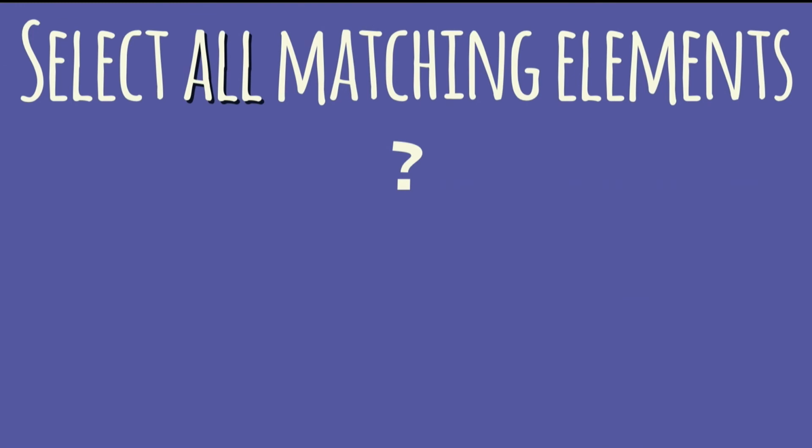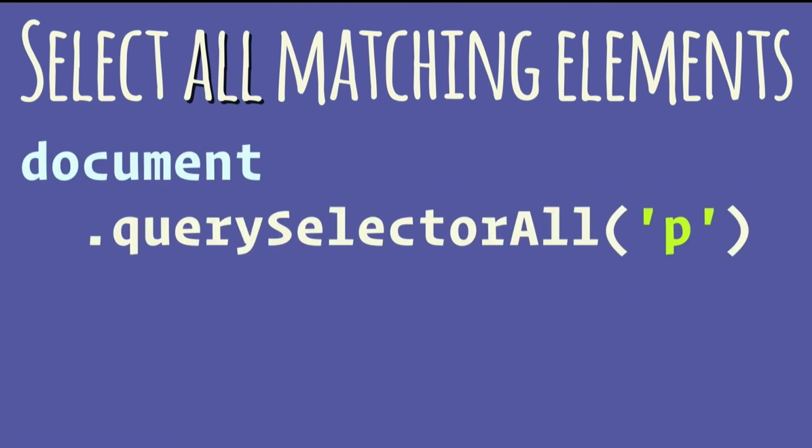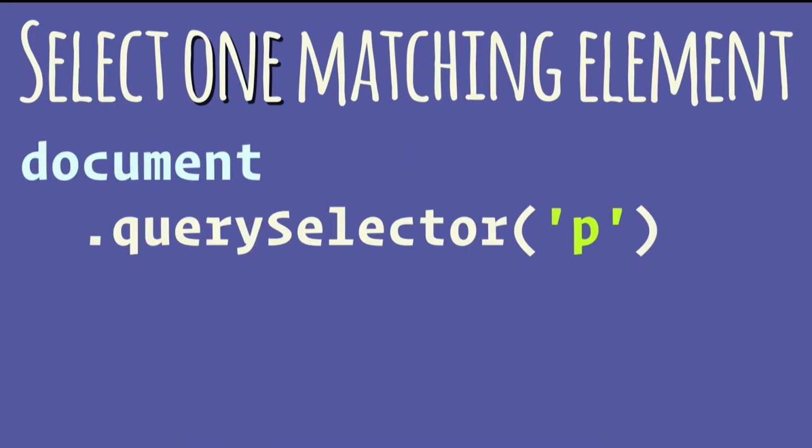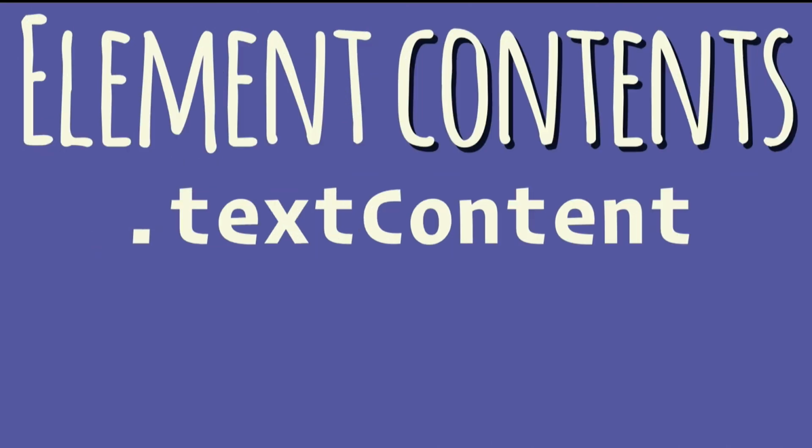To find them all? querySelectorAll, right. One matching element is just querySelector. And to change the text content of an element, textContent, right? That element dot textContent. Piece of cake, we got it.